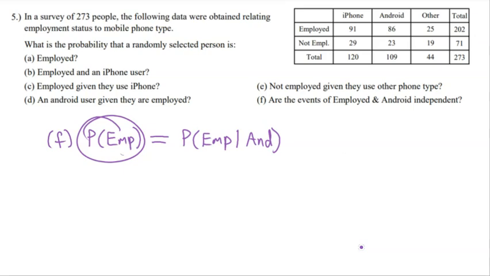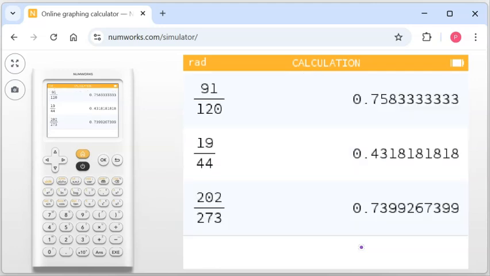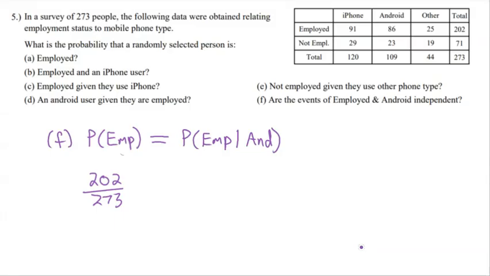Okay, so let's find out if they're equal or not. We already did the probability of employed, and that was not 91, I'm sorry, it's 202 divided by 273, which is 0.74. Now we're going to find the probability of being employed given we're an Android user.